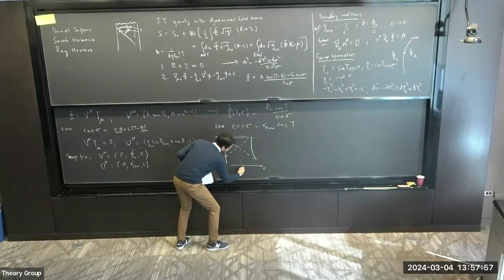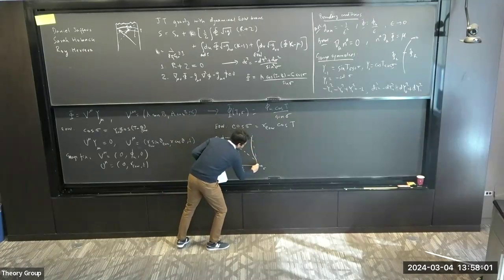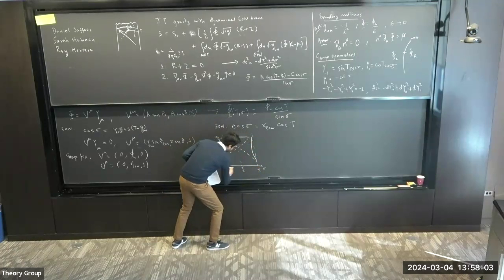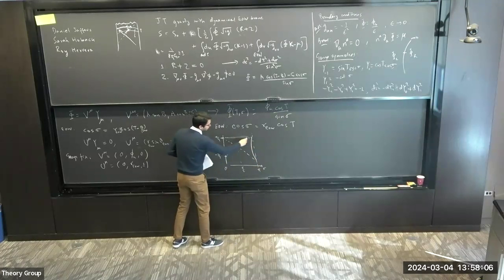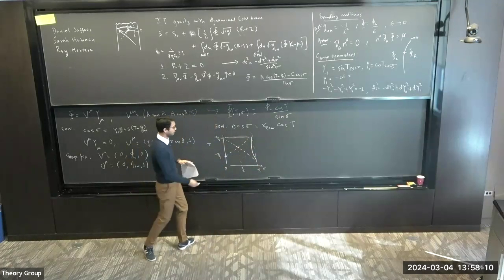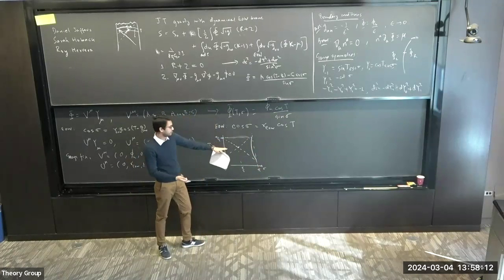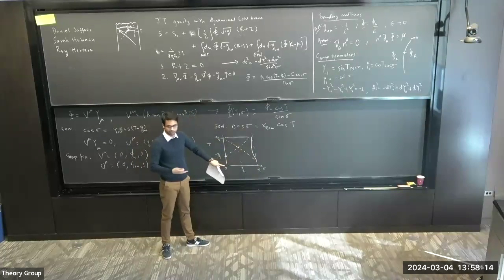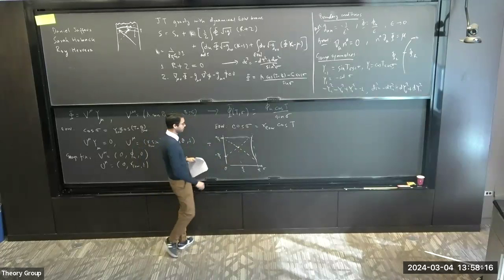This point here would be sigma equals 0. This is the horizon. This would be the location of my tick point. In this coordinate system, its location is just t equals 0 and sigma equals pi over 2.